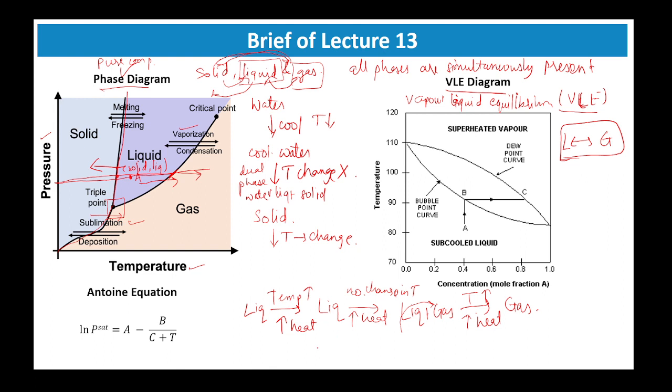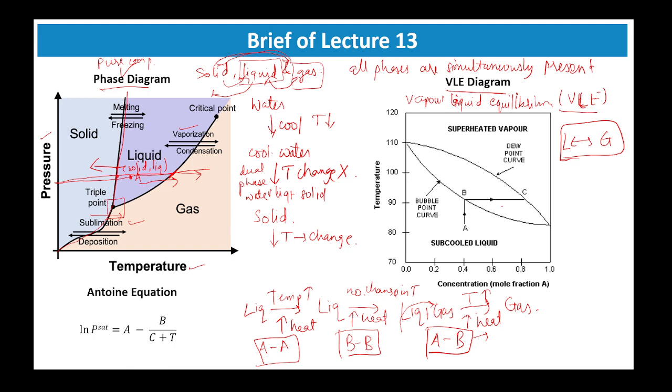And now these boiling points will also change, because suppose the liquid has interaction of type AA, and another liquid has interaction of type BB. If you mix both of them, the molecular force between A and B will change, and that is how the boiling point will also change.